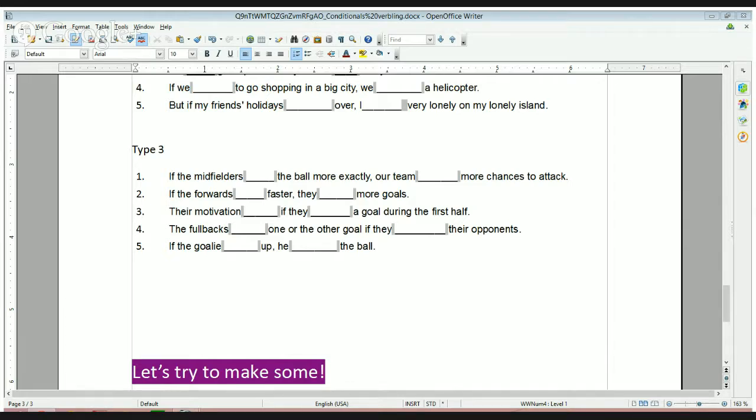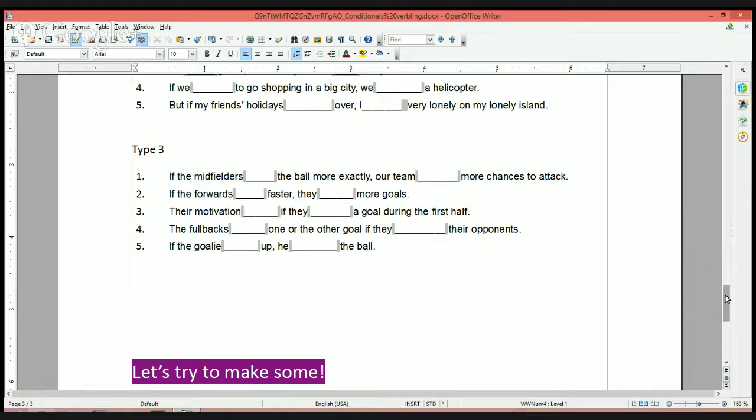This one is the if clause. If the goalie had get up. Yeah, had gotten up. Okay, get up, and he would catch the ball. Yeah, he would have caught the ball because caught is the irregular participle of catch.